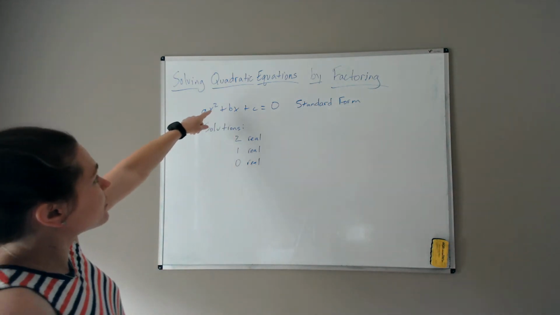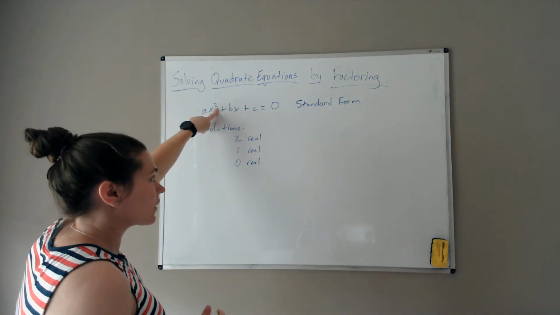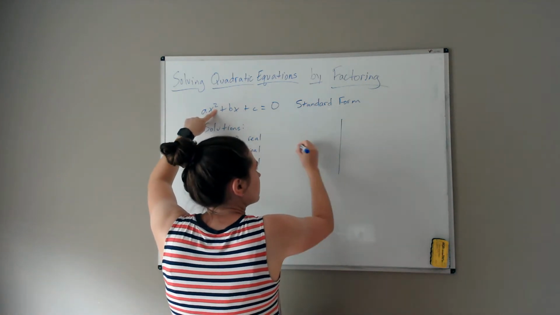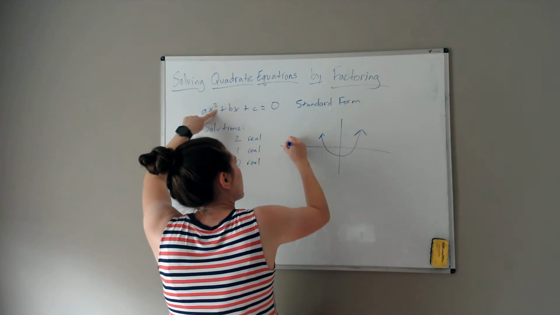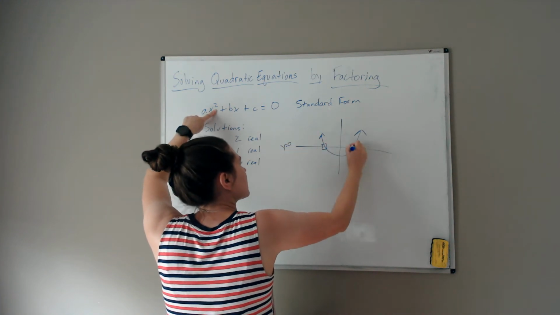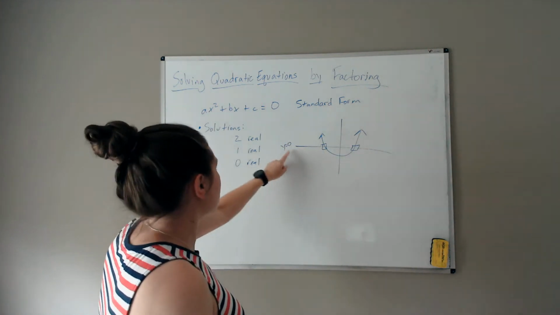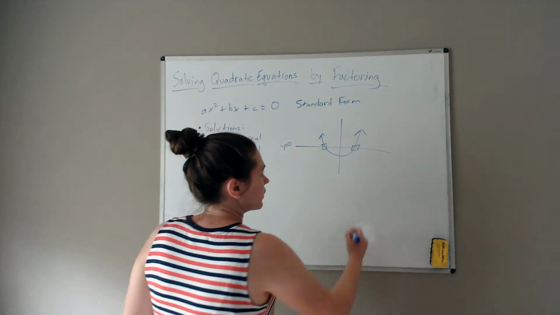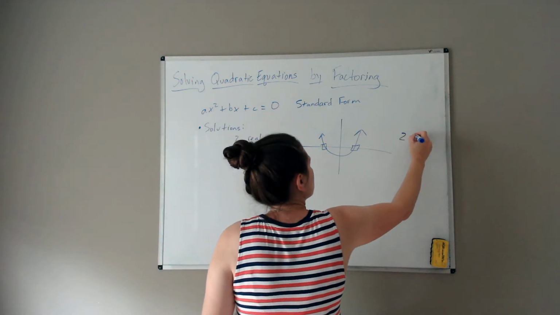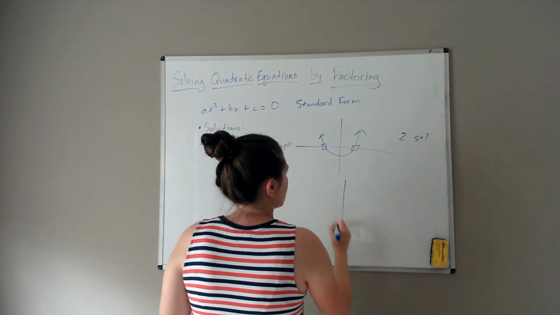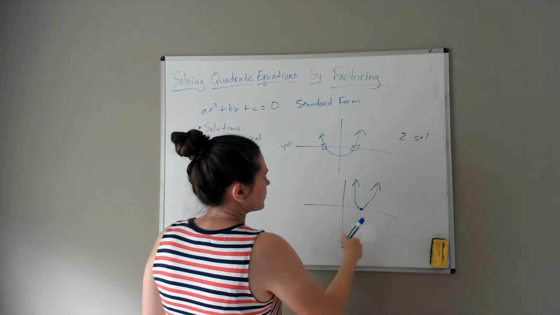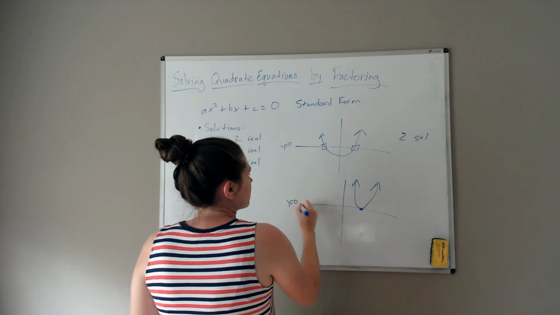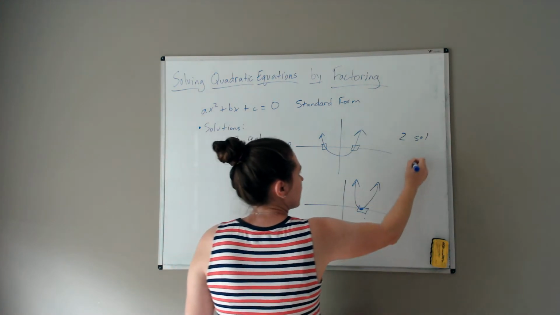And it has something to do with the fact that it's raised to the second power. It also has something to do with the fact that this is the line y equals 0. How many different x values give you an output of 0? 2. Two real solutions. How many different x values give you an output of 0? 1.